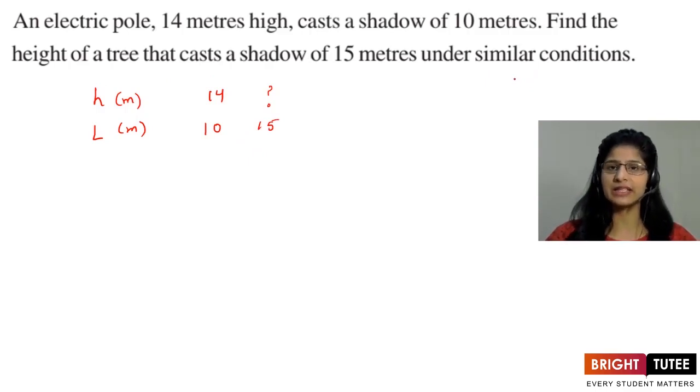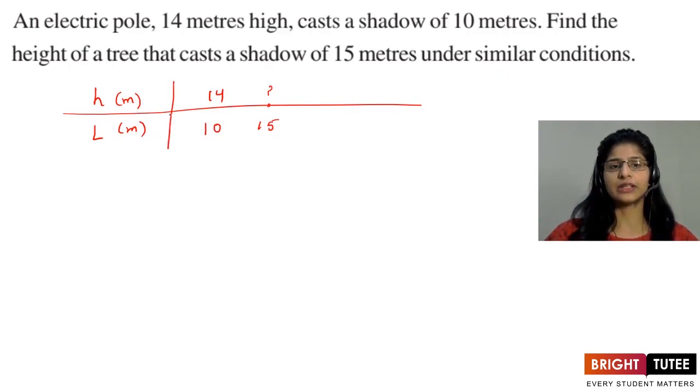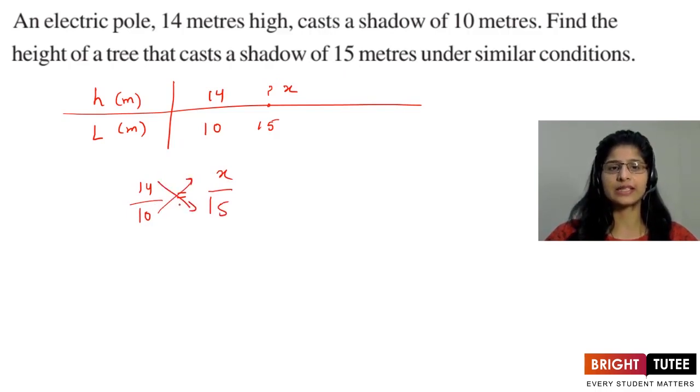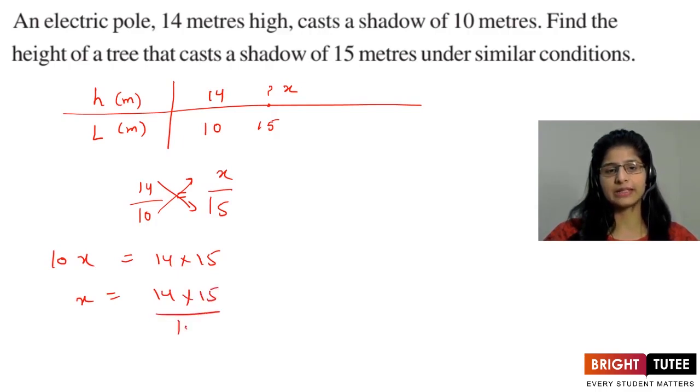So if the conditions are similar, the ratio of the height and the length of the shadow will remain the same. So we can write 14 upon 10 is equal to, let us make it as x, x upon 15. x is the height of the tree. So 14 into 15 would be equal to 10x. x is equal to 14 into 15 by 10.